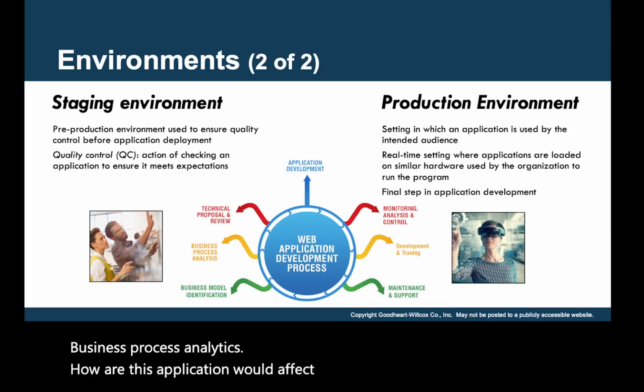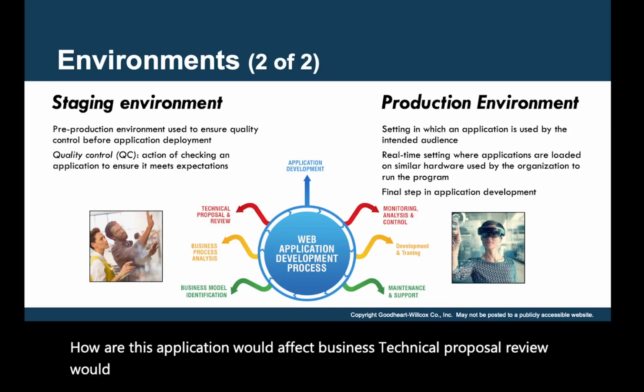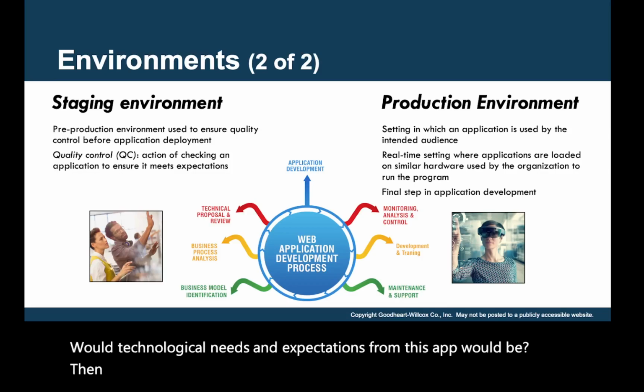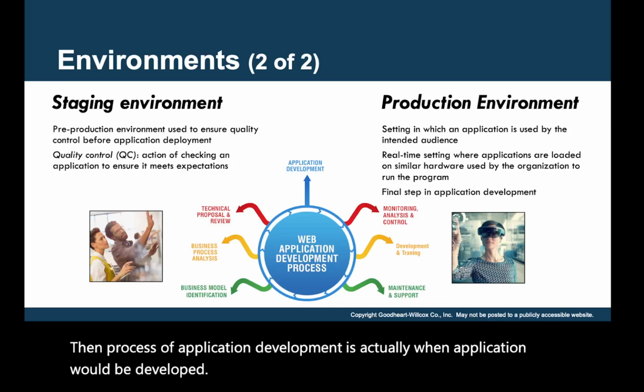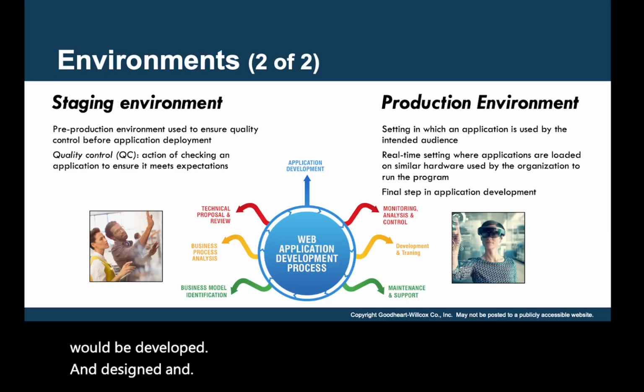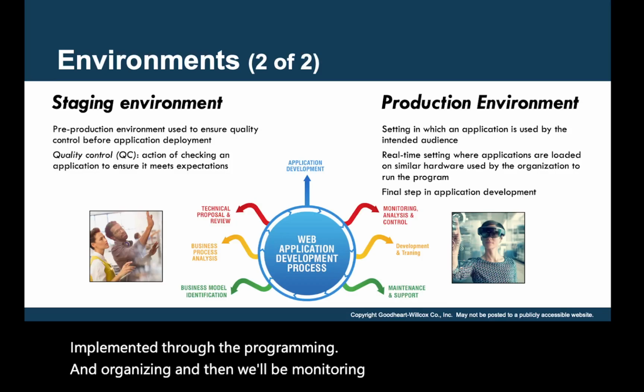Technical proposal review: what the technological needs and expectations from this app would be. Then the process of application development is when the application is developed, designed, and implemented through programming and organizing, and then monitoring and analysis control.